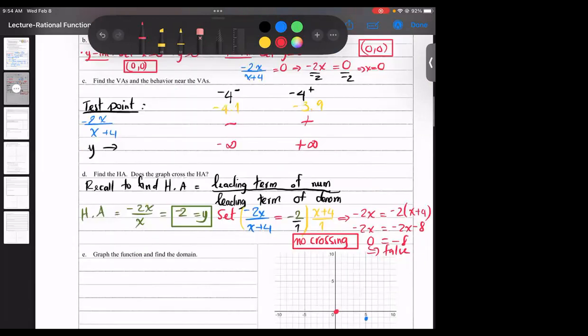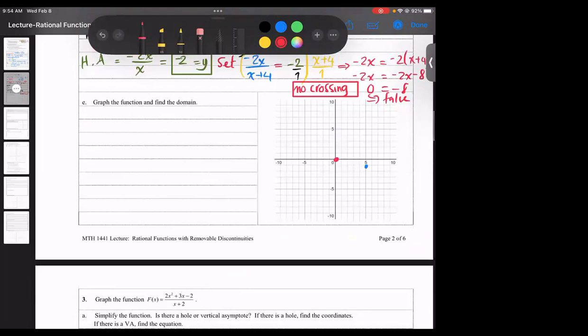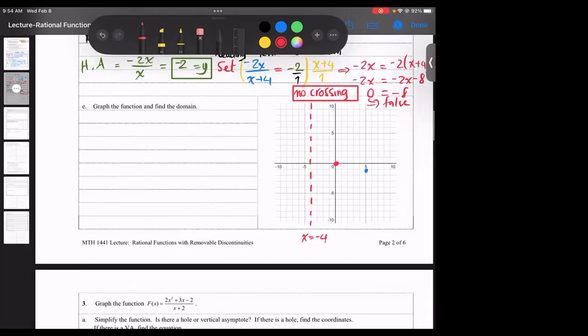And now the vertical asymptote, x equal -4. Horizontal asymptote is y equal -2.